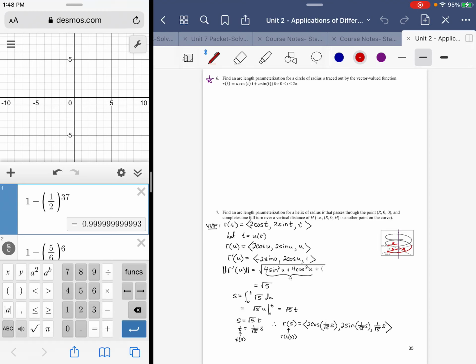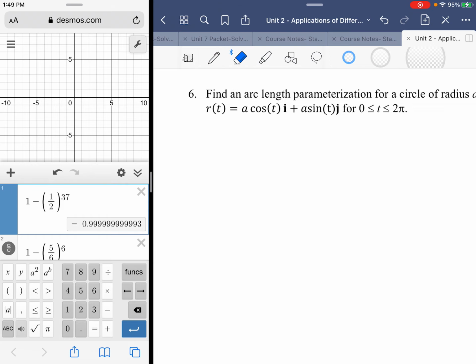So looking at page 35, number 6, we're looking for the arc length parameterization for a circle of radius a, traced out by the vector valued function r of t equals a cosine t, a sine t, if you're thinking about it in component form.